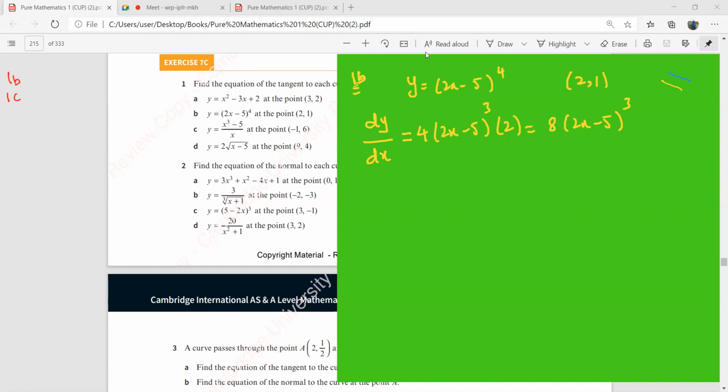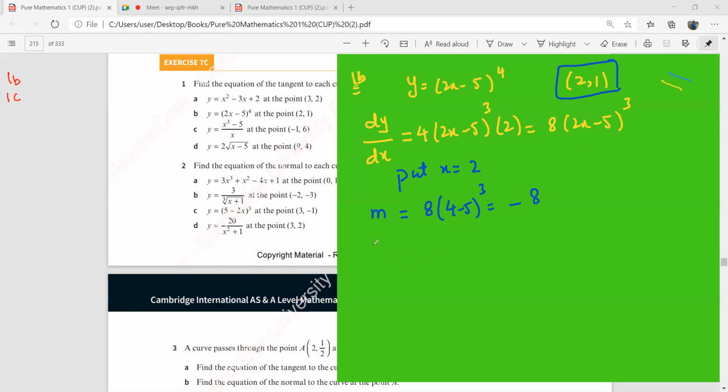Next, you will be substituting the point that you have here. The point is (2, 1), so you will be putting x equal to 2 into this. That will give you the gradient of the tangent. So 8 into (2 twos are 4 minus 5) whole cube, and this gives you minus 8. So you have got the gradient, and you already had the point.